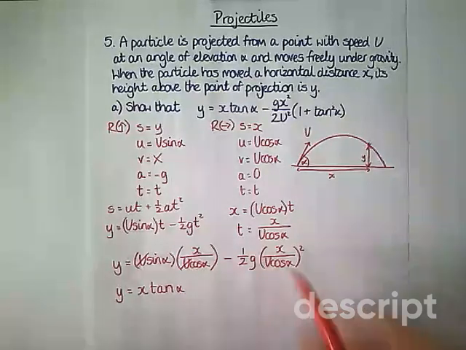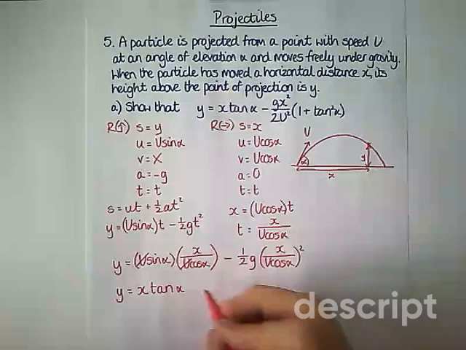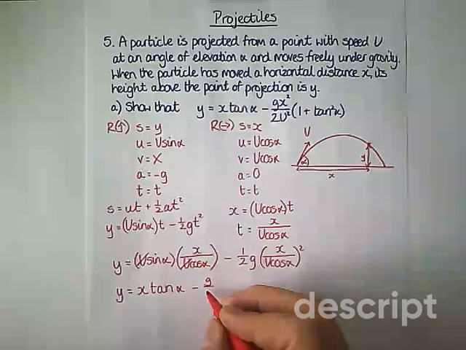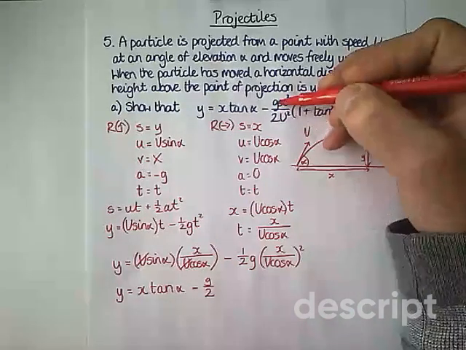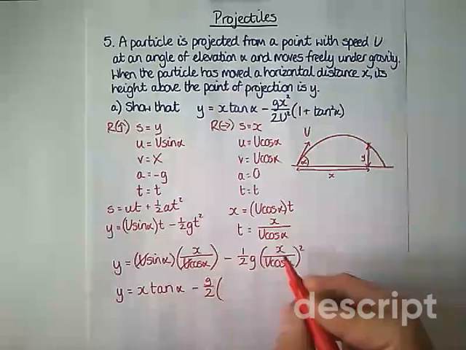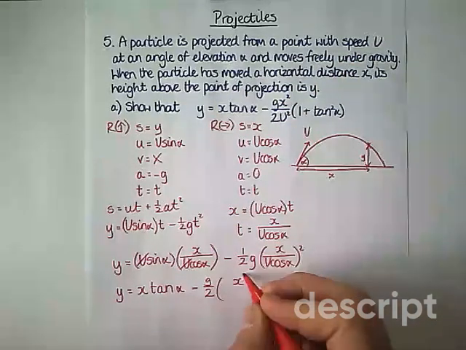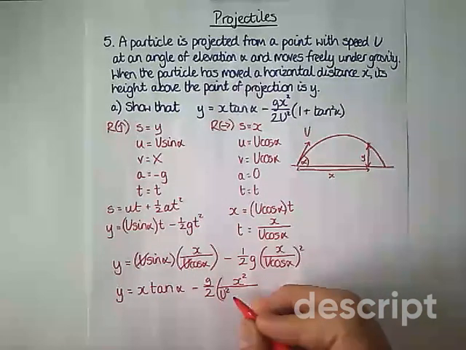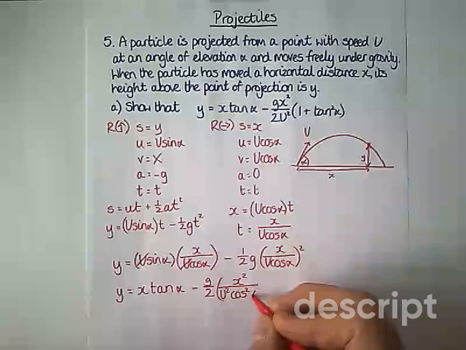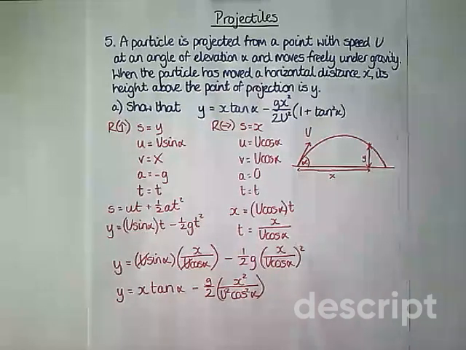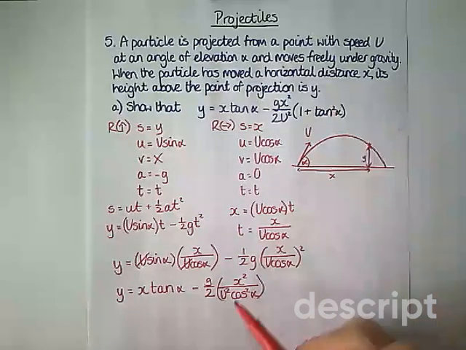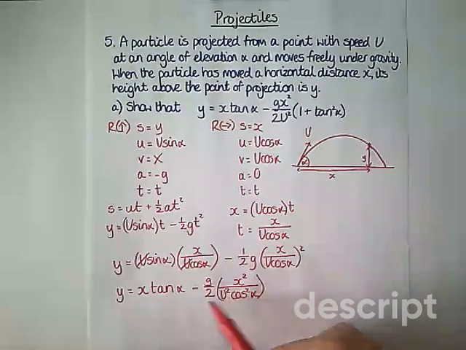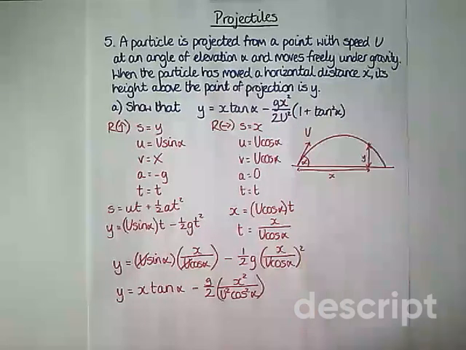Right, then let's work out what we get over here. So I'm going to write half g as g over 2, because I've got g over 2 here. And now I need to square everything in this bracket. So x squared at the top, and on the bottom, u squared cos squared alpha. Okay, I can bring the x squared and the u squared outside, because then I've got this first bit.